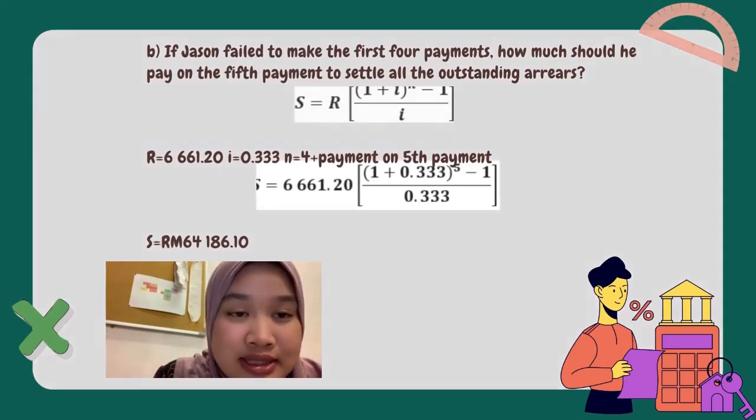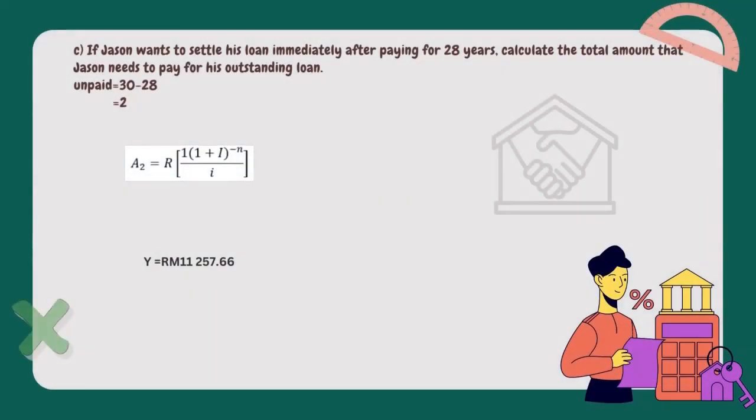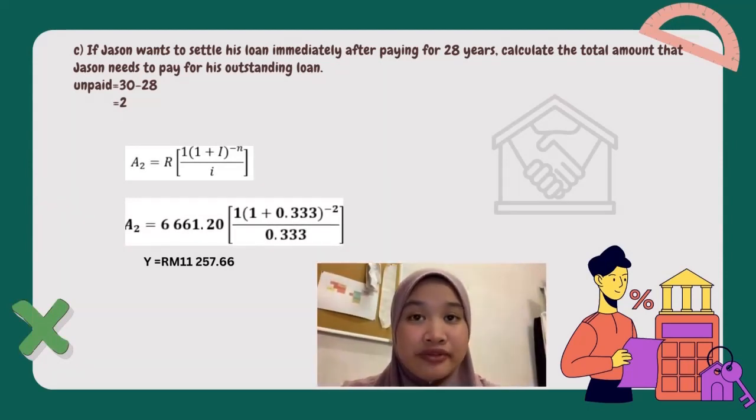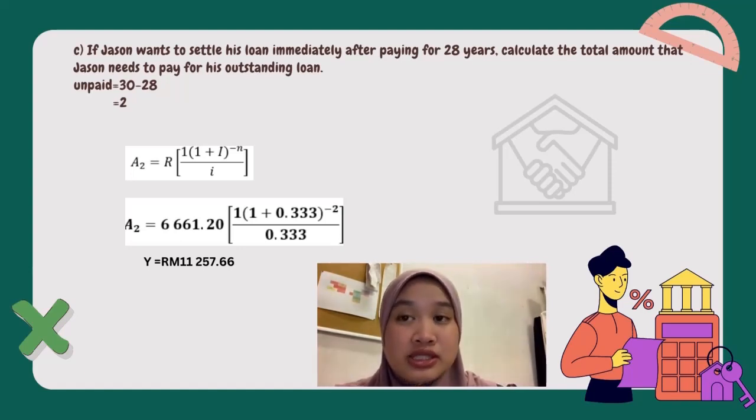64,186 cents. For question 1C, if Jason wants to settle his loan immediately after paying for 28 years, calculate the total amount that Jason needs to pay for his outstanding loan. The total unpaid is 2 years, which is 30 minus 28 equal to 2.